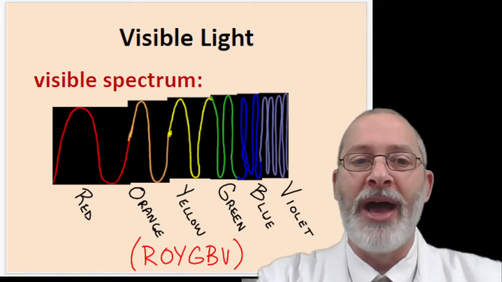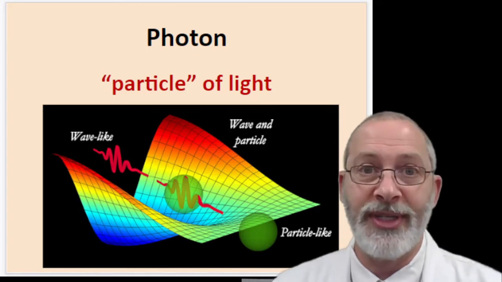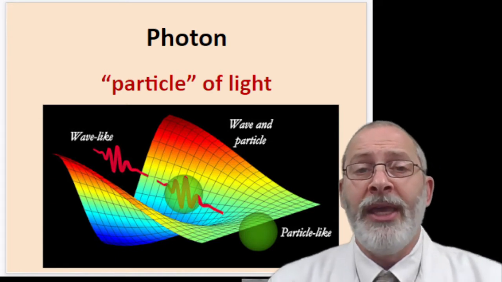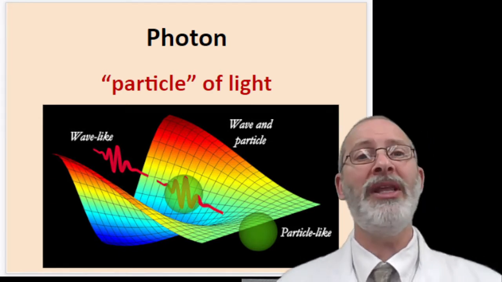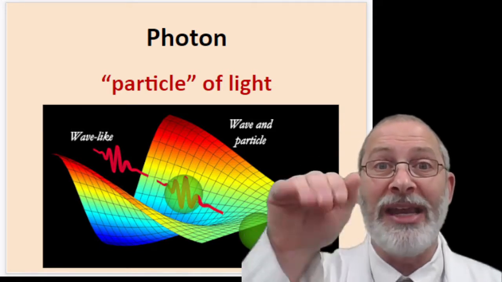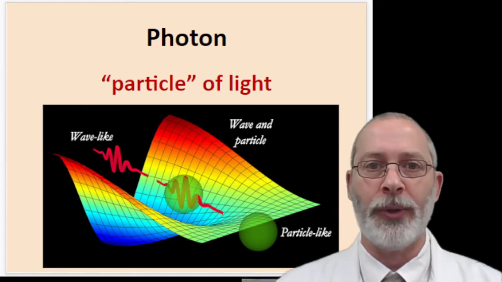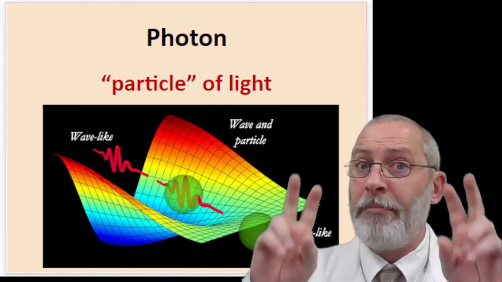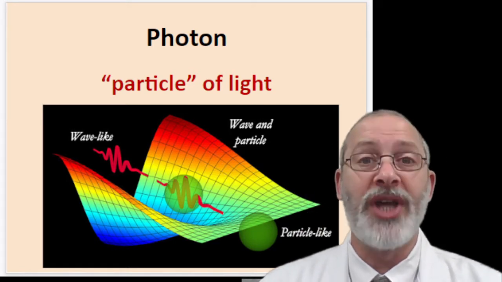So let's talk more about visible light. We have learned a lot since Newton's day in the 1600s. And one of the things that we have learned in the last century is that light is not only a wave, an electromagnetic wave, but it's also a particle. And the particles that make up light are called photons.